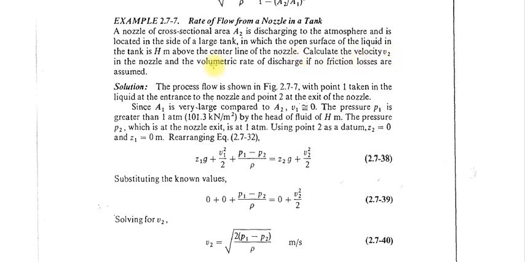Calculate the velocity V2 in the nozzle and the volumetric flow rate of discharge if no friction losses are assumed. So here we assume that friction loss is 0 and there is no pump, so the work done by the surrounding on the system or by the system on the surrounding will be 0. Ws will be 0 and sigma f will be 0.